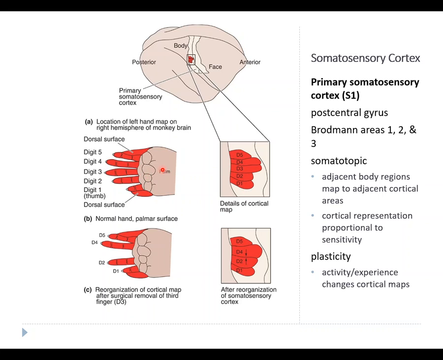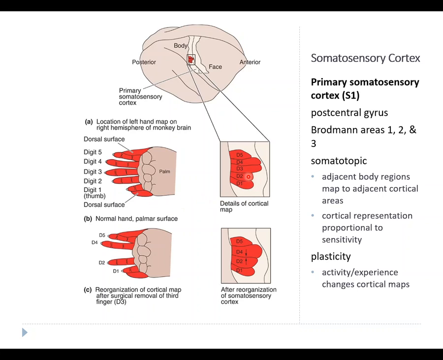In this experiment, they surgically removed one of the fingers. Digit 3 was removed while the monkey was anesthetized, and then they went back later and mapped this region again. The way you map a part of somatosensory cortex, like I said before, is you stick an electrode into this part of the brain, and then you touch that area of skin to see where it responds.